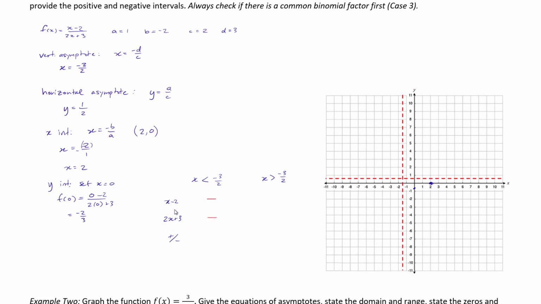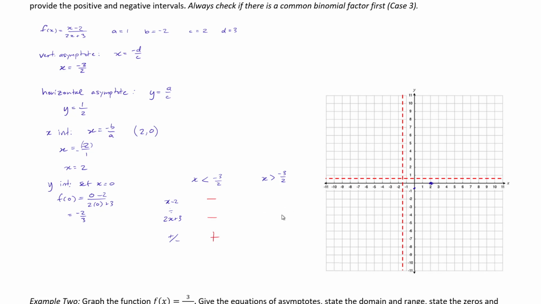So when I have this function, as you can see right here, I've got x minus 2 divided by 2x plus 3. So negative divided by a negative gives me a positive. Okay, so I need to have positive values of the function to the left of my vertical asymptote. So that means my function's got to exist in this portion of the graph.